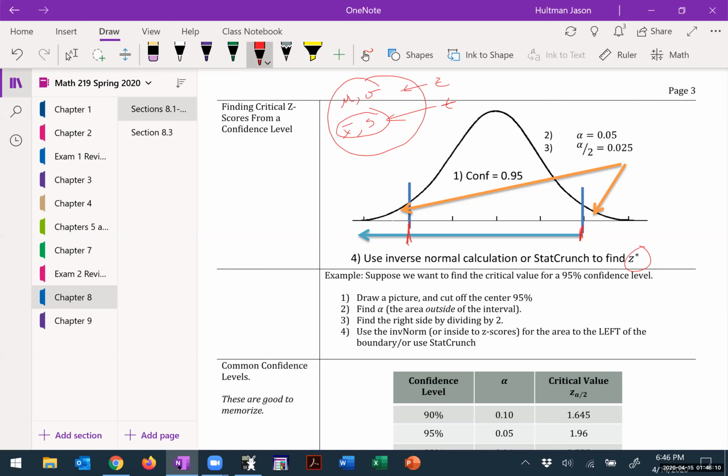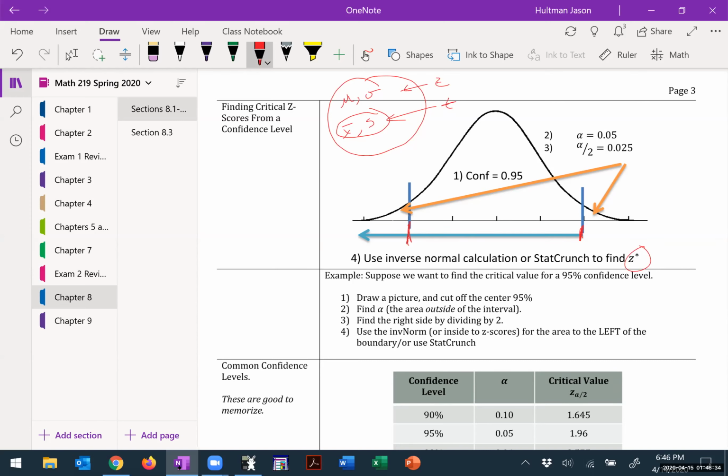But in the real world, sigma is extremely hard to get. And so the next best thing is to just use our sample data. Okay, but X bar will always be given because you'll always have at least one sample to work with.